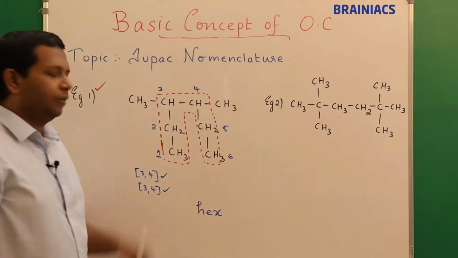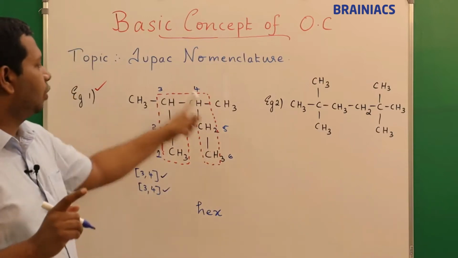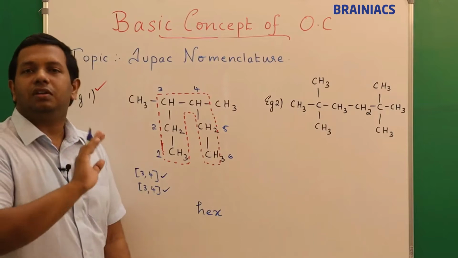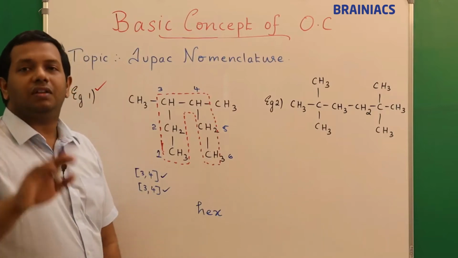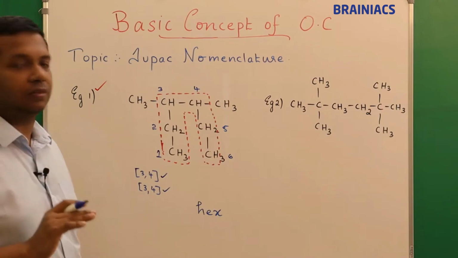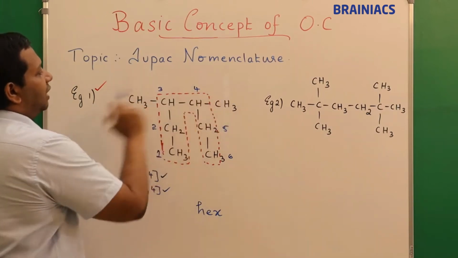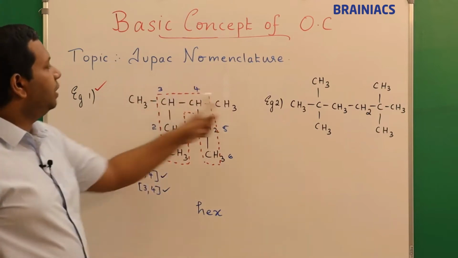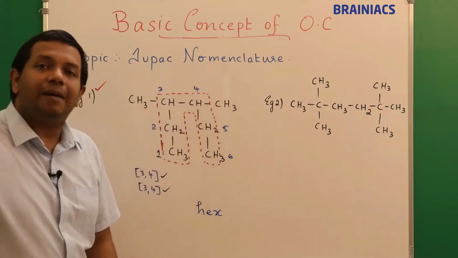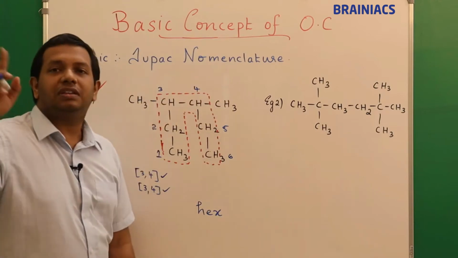Now I will go to the prefix. Primary prefix is applicable only for cyclo compounds. It is not a cyclo compound, so there is no primary prefix. Then what is applicable? Secondary prefix. Secondary prefix stands for substituents, and I know that substituents are there: methyl is present at 3 and 4. Since 2 methyls are present, I will say dimethyl. At what positions is it present? 3 and 4.